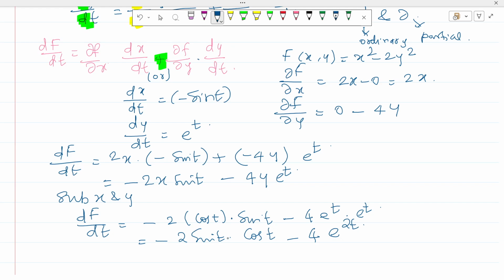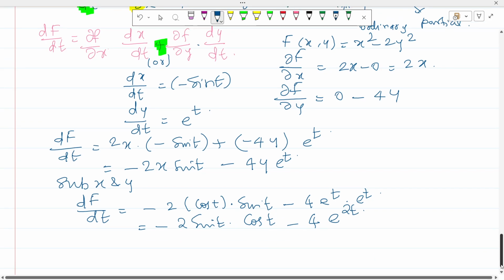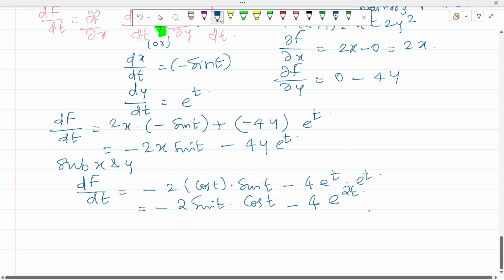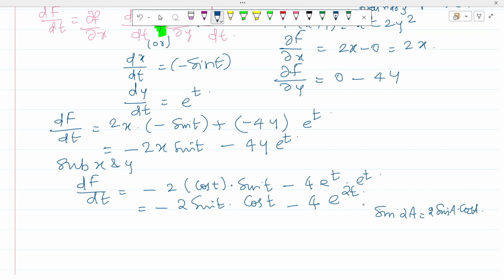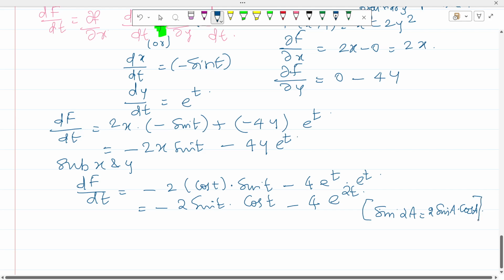Actually, one trigonometric formula is there: sin 2a equals 2 sin a cos a. It is one important formula.